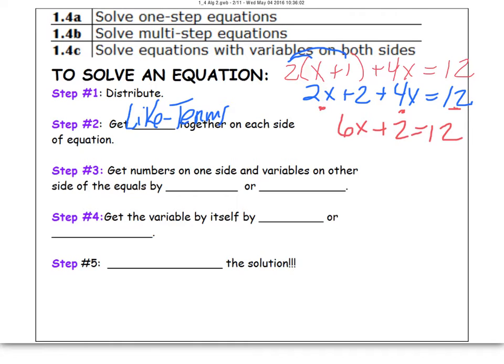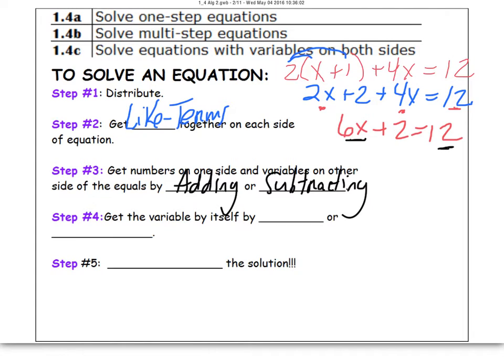Step 3 will say get numbers on one side and variables on the other side of the equation by doing this, and that would be by adding or subtracting. So what I'm going to do here is I have the variables on one side, the x is on the left, which means the numbers need to be on the right hand side over here.